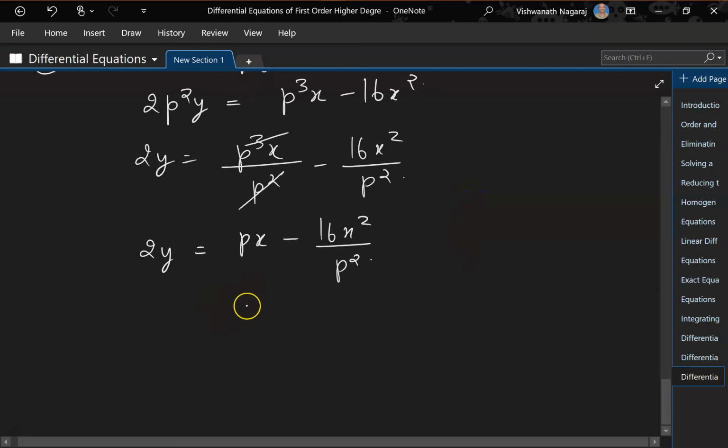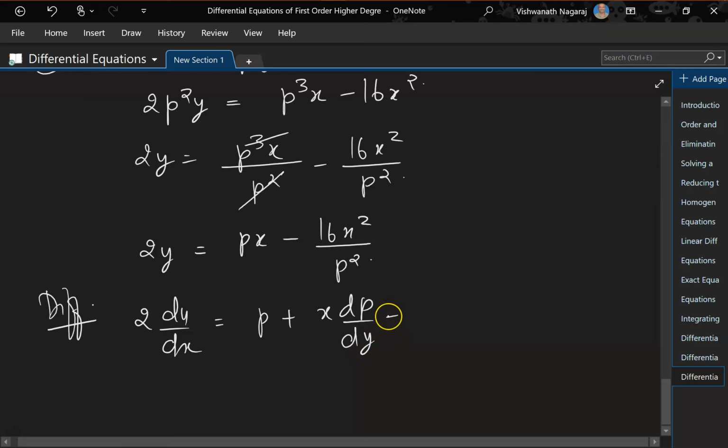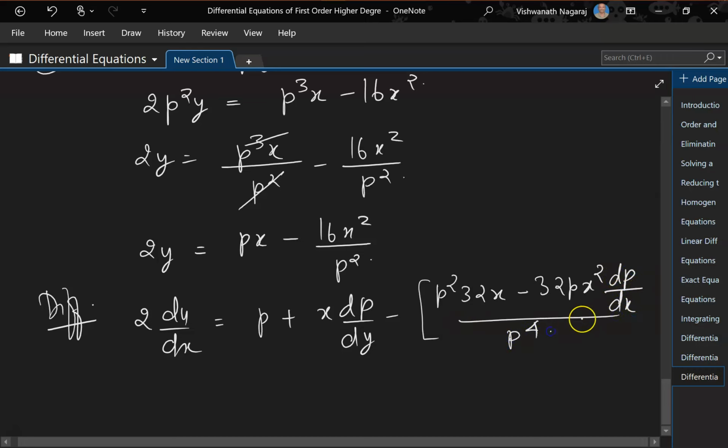Now let's differentiate this. So we get 2 dy by dx is equal to p plus x dp by dx minus, now we have to apply the quotient rule. So p square as it is, 32x minus, now differentiating p square we get 2p. 2p times 16 is 32p and x square as it is, and dp by dx, divided by p to the power of 4.